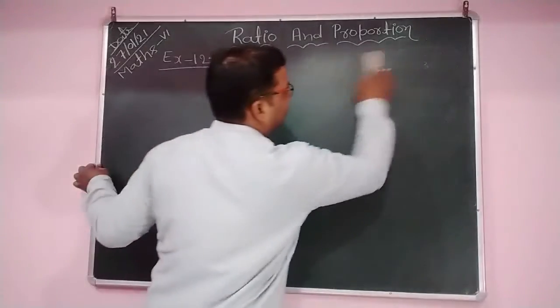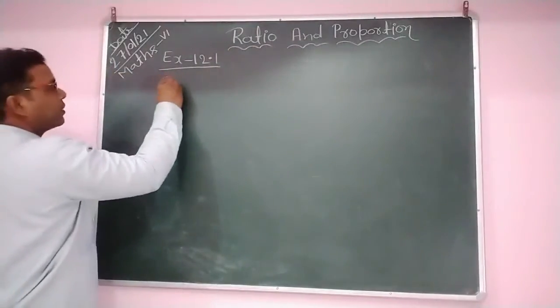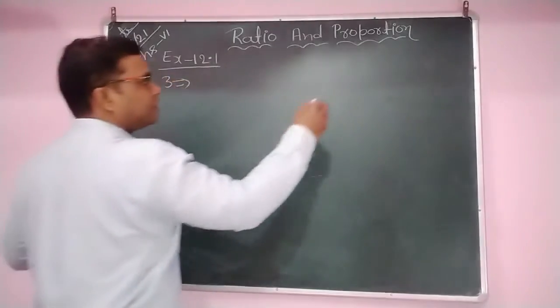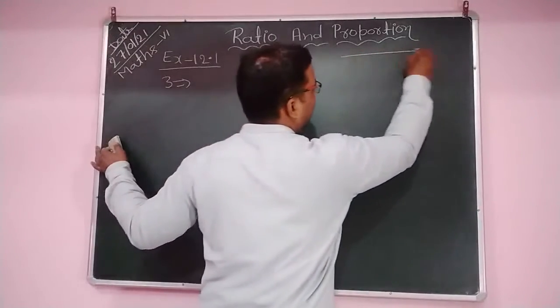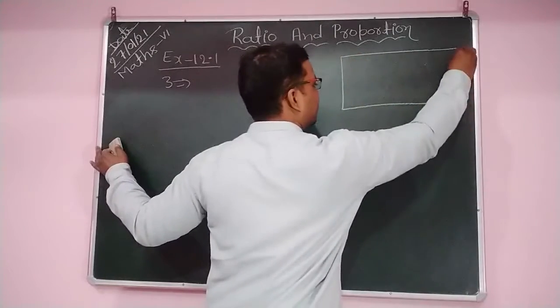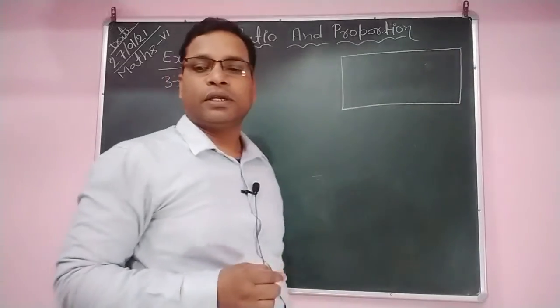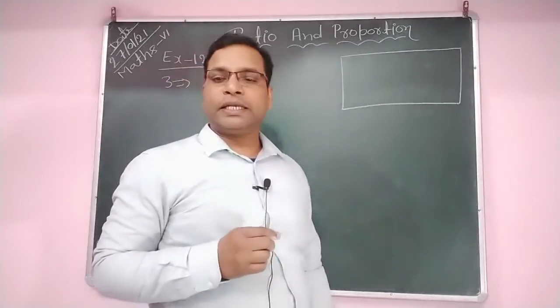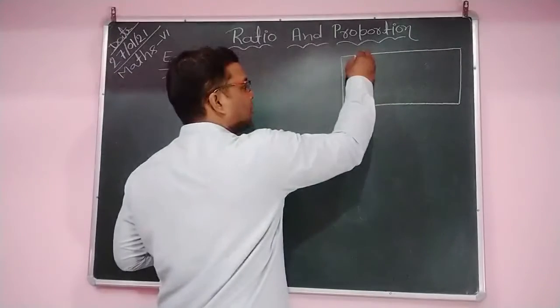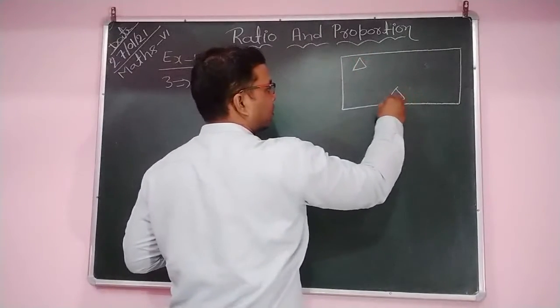Now a rectangle is given here like this. Inside this rectangular box, 3 triangles are given like this.